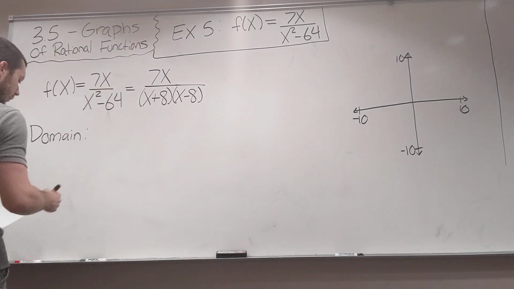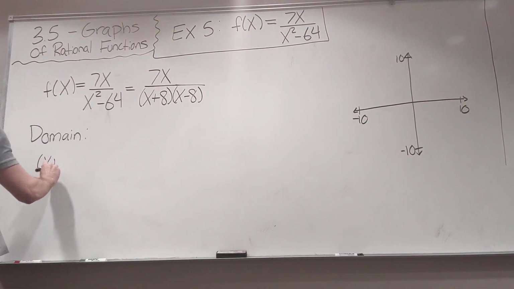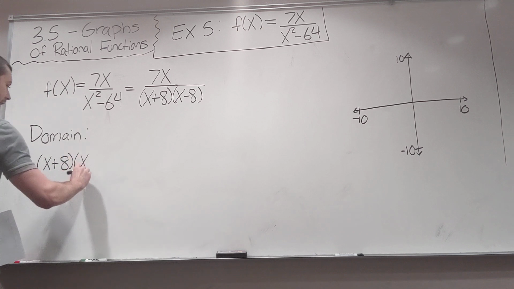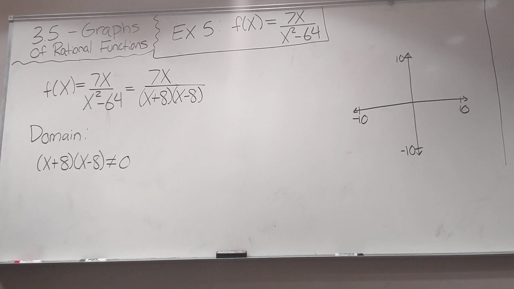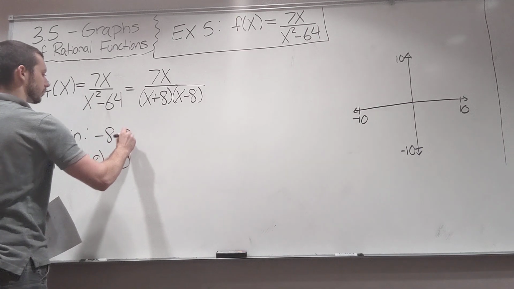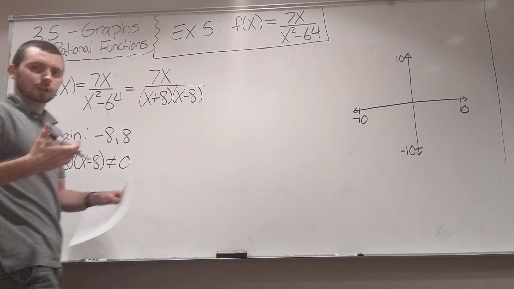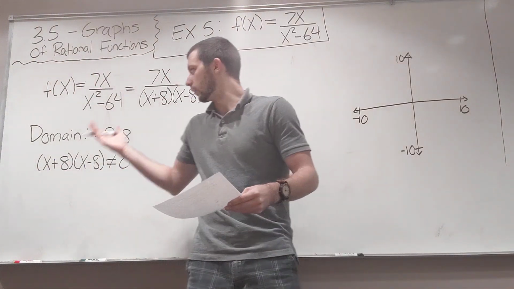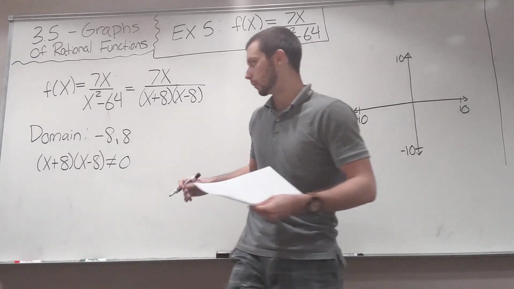We find the domain by setting the denominator not equal to 0. The denominator is in fact x plus 8 times x minus 8, and what we get from that is -8 and +8 for the domain. In particular, since there are no cancellations, these will also be representations of our vertical asymptote.